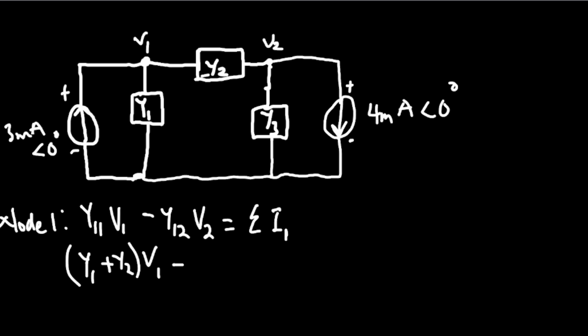The only admittance there is Y2, so Y2 V2 should be equal to the sum of all the currents meeting at node 1. It's just this current, and it's from negative to positive, so we see 3 milliamps angle 0 degrees.